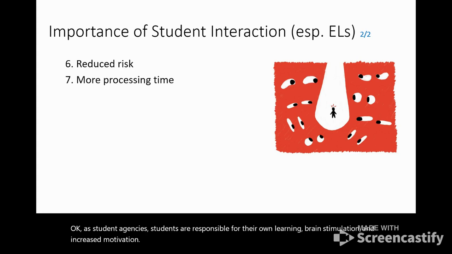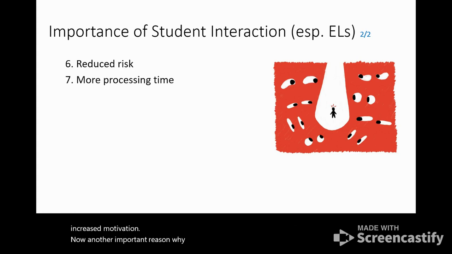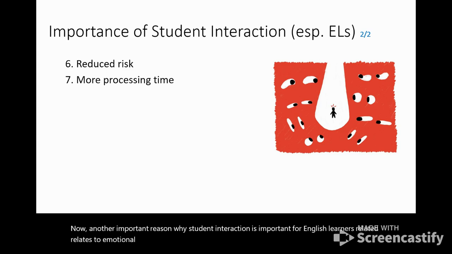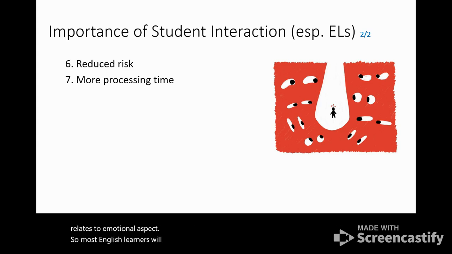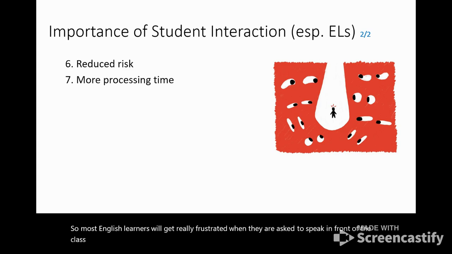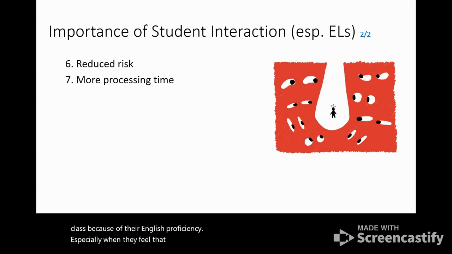Now, another important reason why student interaction is important for English learners relates to the emotional aspect. So most English learners will get really frustrated when they are asked to speak in front of the class because of their English proficiency, especially when they feel that the classroom environment is not safe.